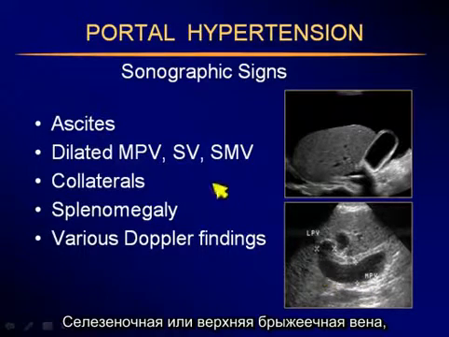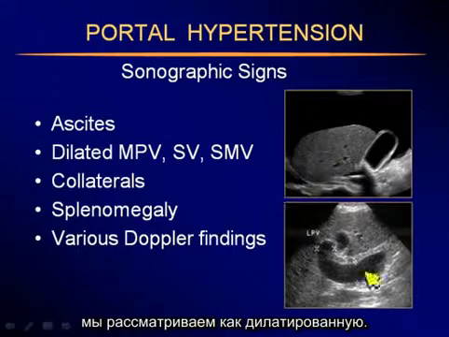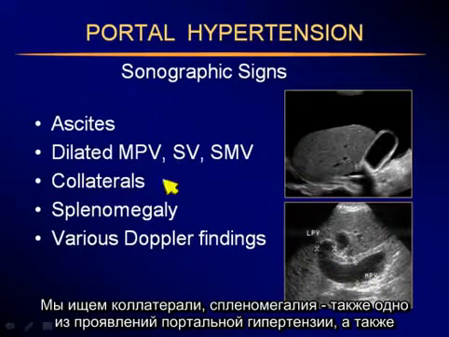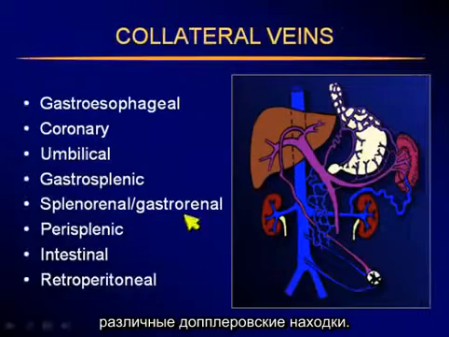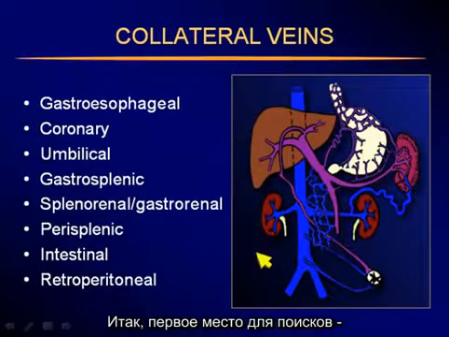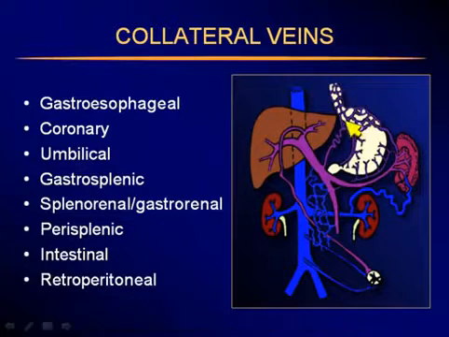A splenic vein or superior mesenteric vein centrally, when it measures more than 10 millimeters, we consider that dilated. So just a simple measurement. We look for collaterals. Splenomegaly is part of it, and various Doppler findings. Where would we look for collaterals? Well, right away, the first place to go is the gastroesophageal junction, GE junction.